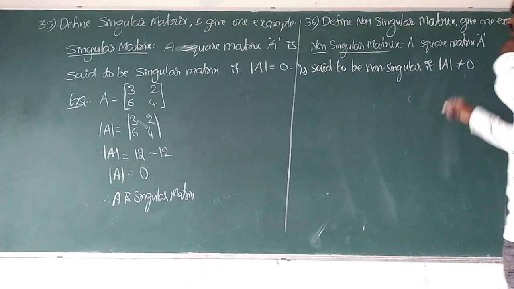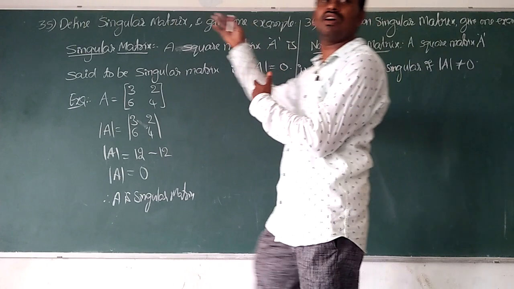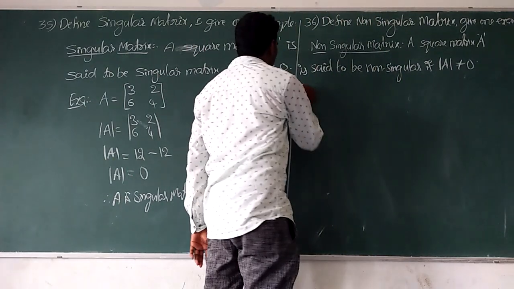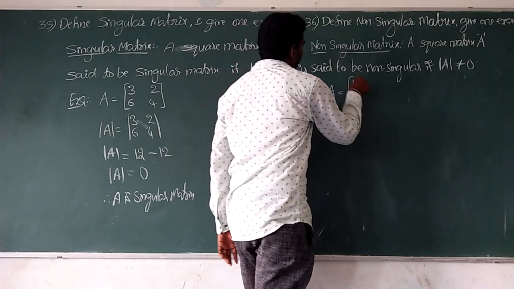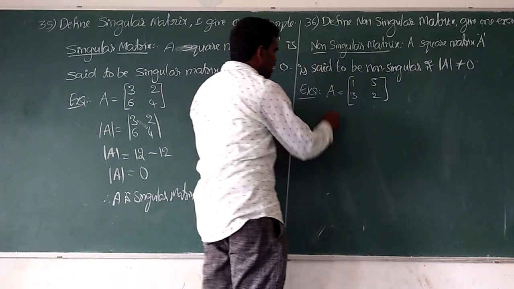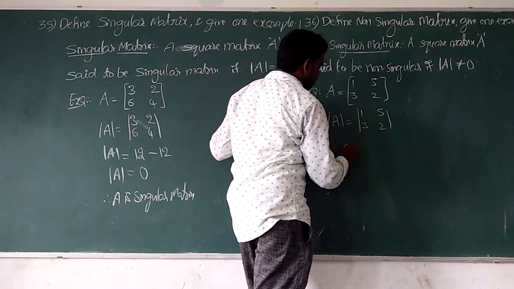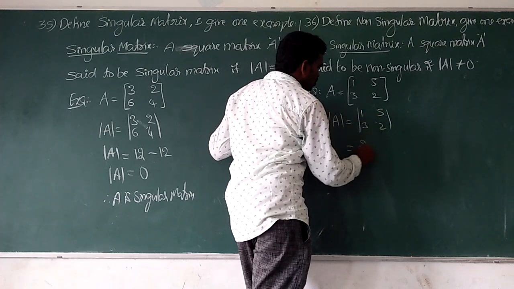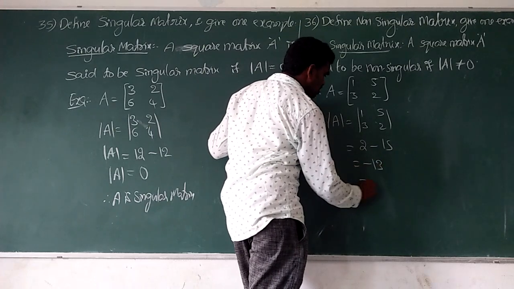That's it. If det A is not equal to 0, that is called non-singular. If det A equals 0, that is called singular. So, for example, let matrix A equal [1 5; 3 2]. So det A becomes det [1 5; 3 2]. 1 into 2 is 2, minus 3 into 5 is 15, which gives minus 13. Is it equal to 0?